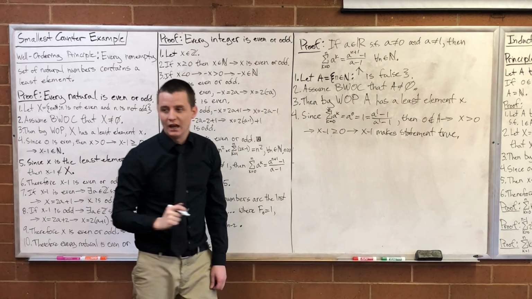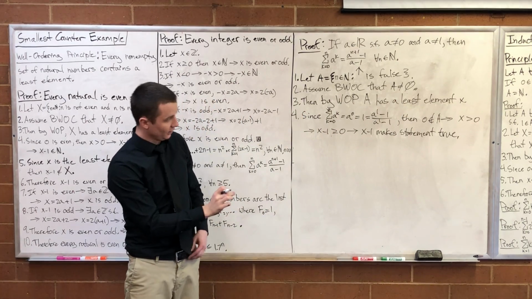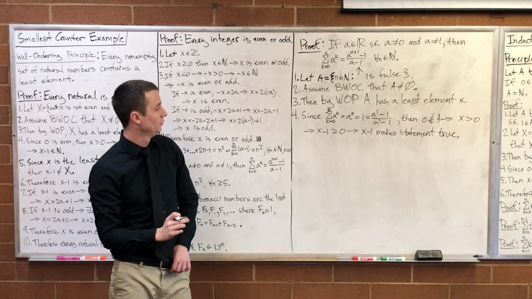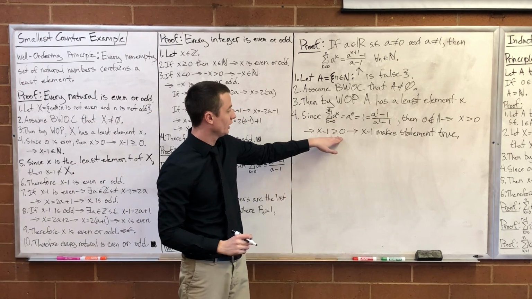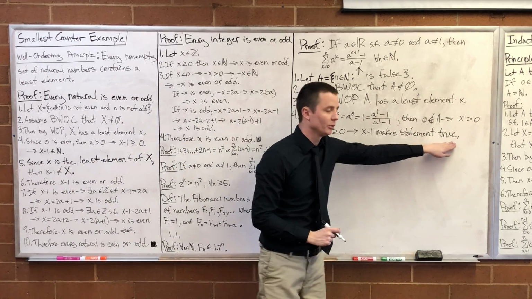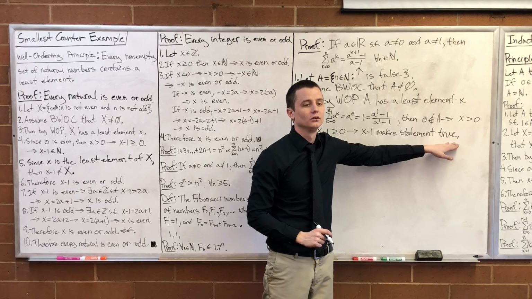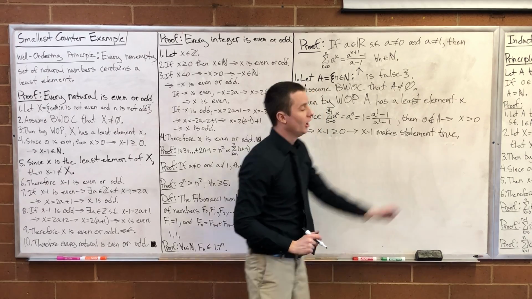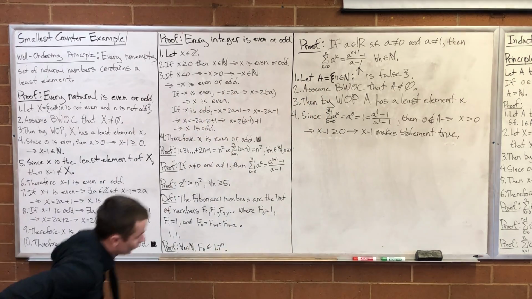Right? X is the smallest thing that doesn't make the statement true. X minus 1 is also greater than or equal to 0. Therefore, x minus 1 makes the statement true. You with me? Okay, if x minus 1 makes the statement true, what does that mean?